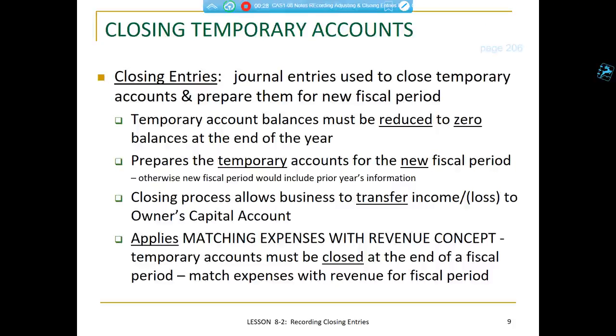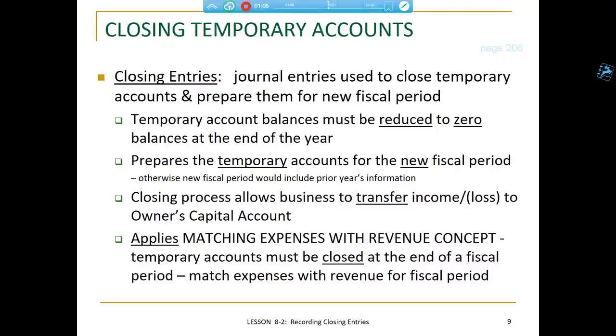So, with regard to our temporary and permanent accounts, we already talked about that. We have these permanent accounts, and then we have the temporary accounts. What we have to do at the end of the fiscal period is actually close out these account balances for those temporary accounts, and go through a process of rolling the balance into the capital account, because as we've already said, that's going to roll into that capital account.